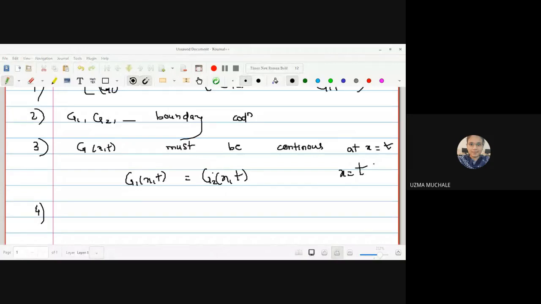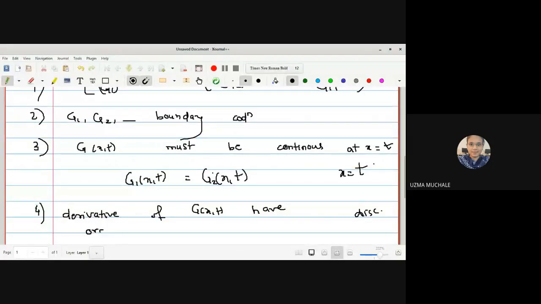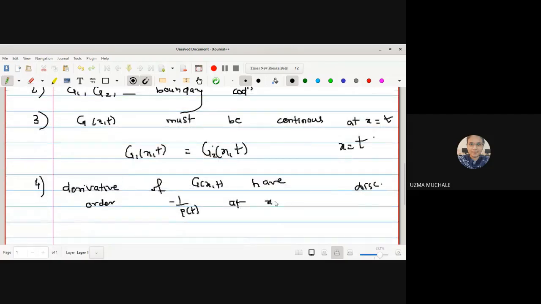The derivative of g of x,t has a discontinuity of magnitude minus 1 upon p of t at x equal to t. Now one may have a question: what is p of t?